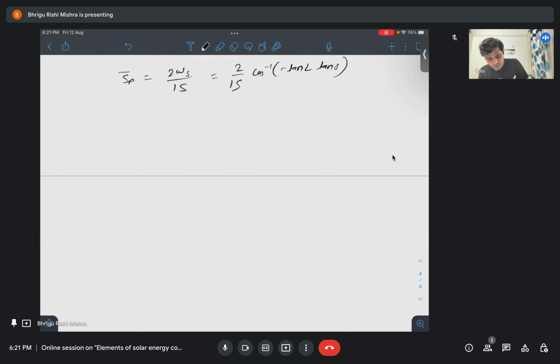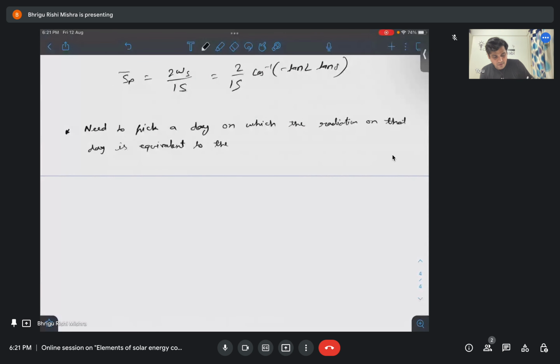We need to pick a day on which the radiation is equivalent to the monthly average of the entire month.